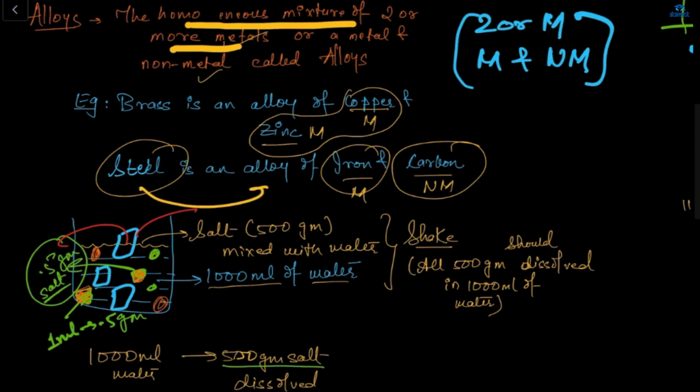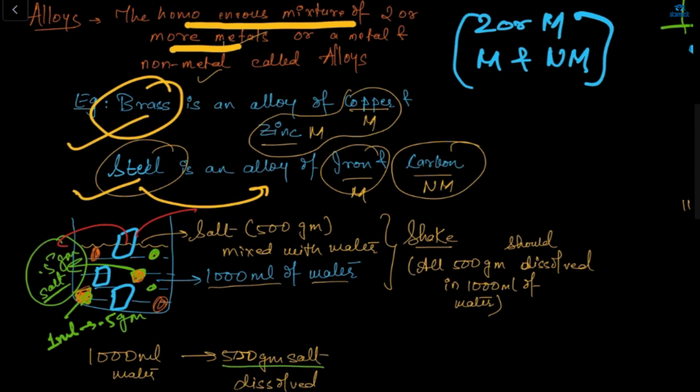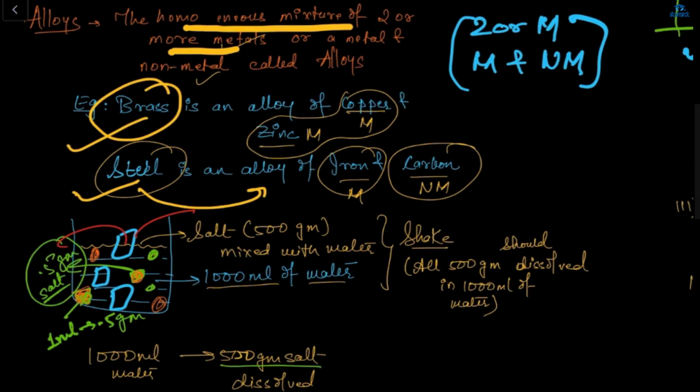But steel is an alloy of iron and carbon. Iron is a metal, but carbon is a non-metal. ठीक है? So alloy, you got it na? It's a mixture of metals as well as a non-metal. And these examples you can write in your exam: brass is an alloy of metals, and steel is an alloy of a metal and a non-metal.